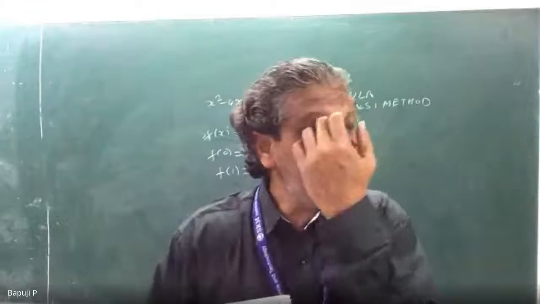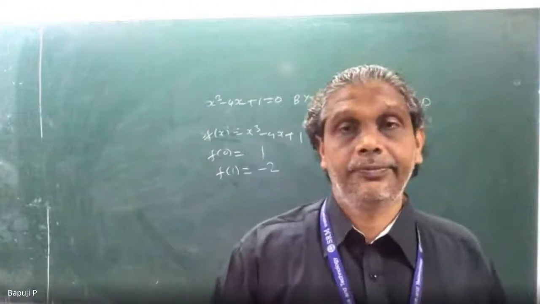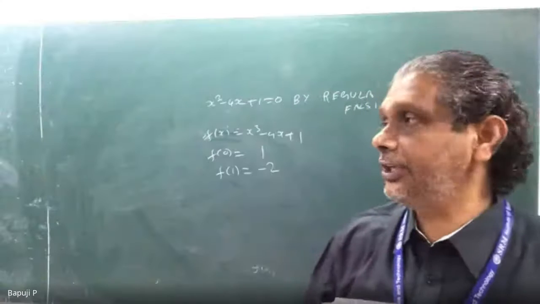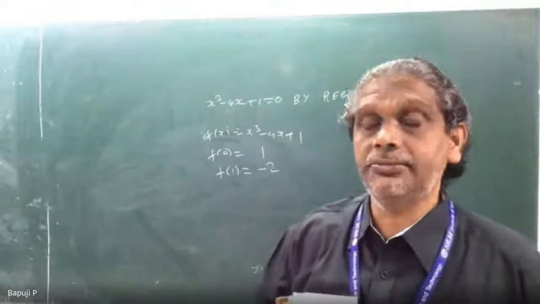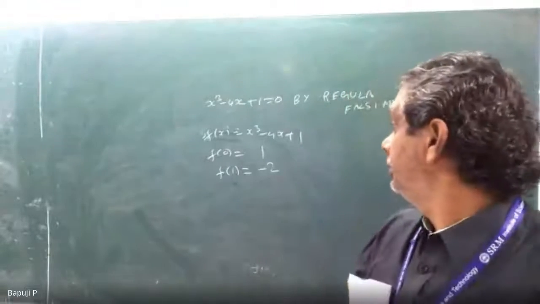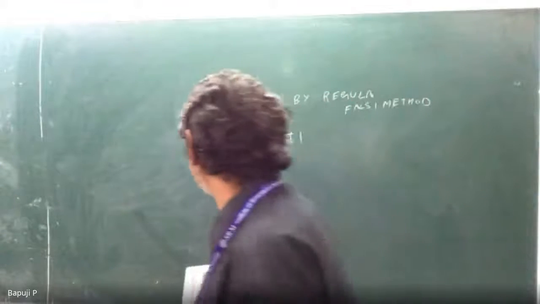Degree 3 means how many roots will I get here? Three, sir. Three roots will be there. So already two roots are between 0 and 1, and 1 and 2. Smallest means what will I take? F of 0 is 1, f of 1 is minus 2. Okay.